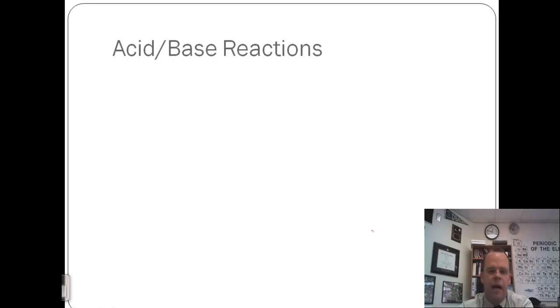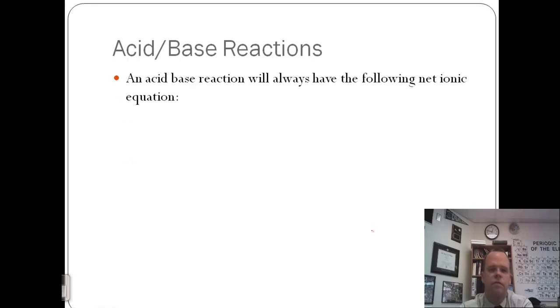In an acid and base reaction, we have an acid reacting with a base. You're always going to have the H+ ion, you're always going to have the OH- ion. When those two come together, they're going to form H2O. H2O is not going to be aqueous. You're not really going to have water dissolved in water. You can form these two ions, but H2O we're generally going to refer to as a liquid.